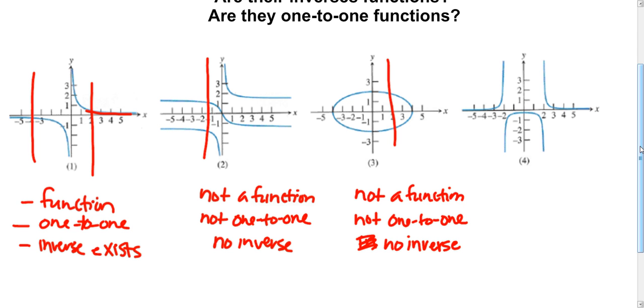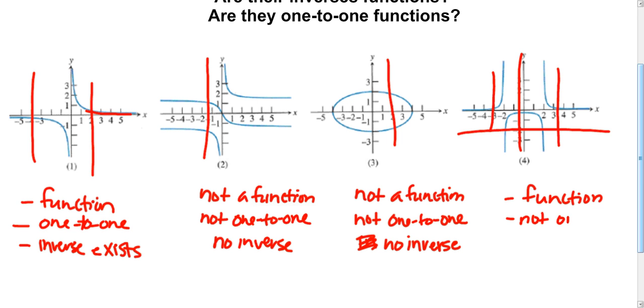Over here, it passes the vertical line test, so it is a function. However, it fails the horizontal line test, so it's not one-to-one. And because it's not one-to-one, the inverse would not exist for that. Okay?